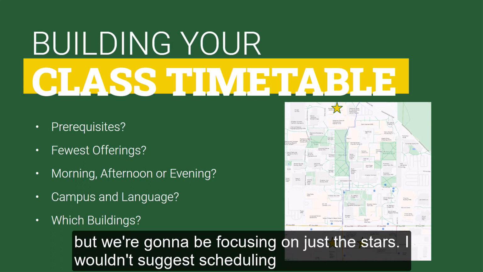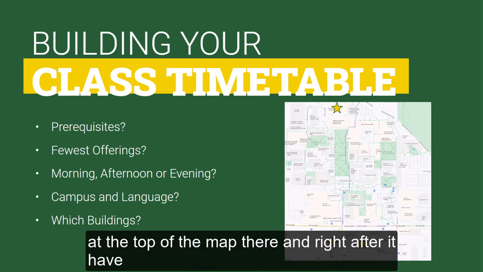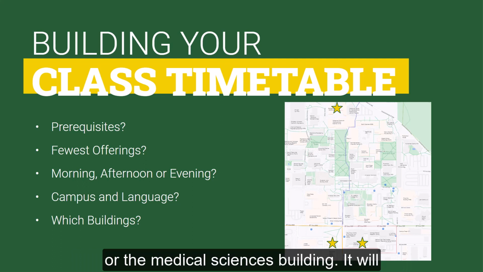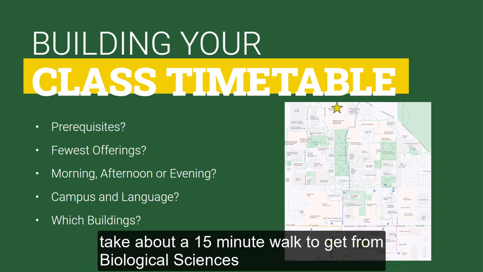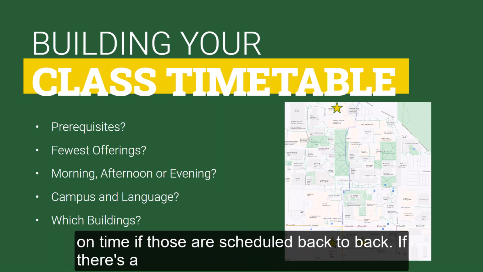I wouldn't suggest scheduling a class in biological sciences, which is way up at the top of the map there, and right after it have a class that's in either ECHA building or the medical sciences building. It will take about a 15-minute walk to get from biological sciences to either ECHA or medical science buildings, so you will not make it to class on time if those are scheduled back to back.